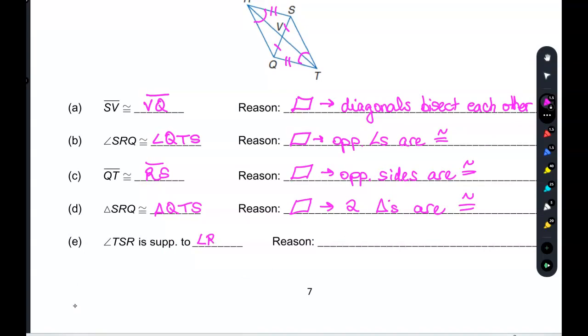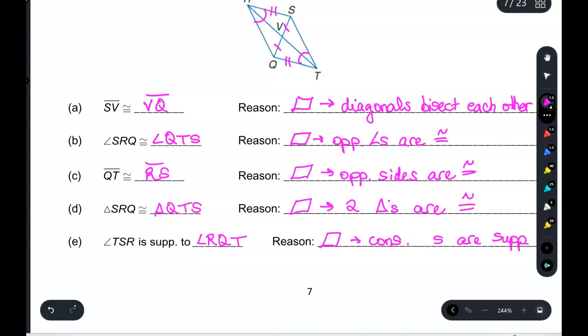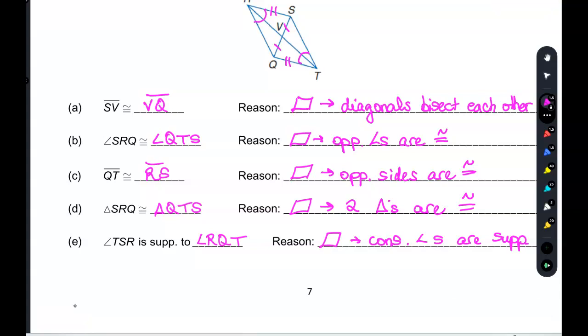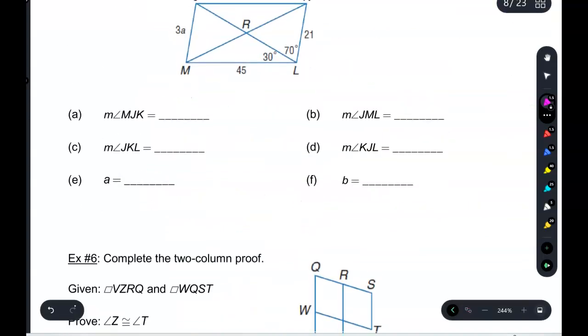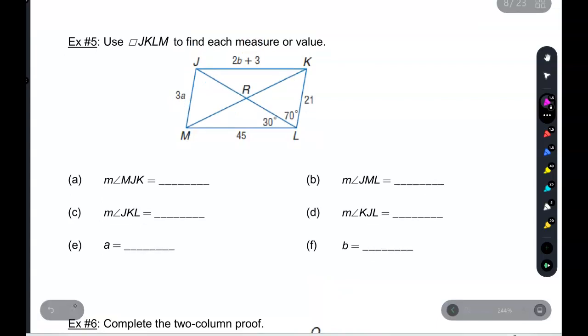And the reason is these are consecutive angles, are supplementary. Good. Any questions? Okay, Sophia, we're almost done. Come on. We got this.